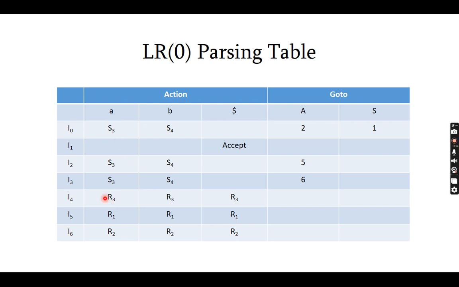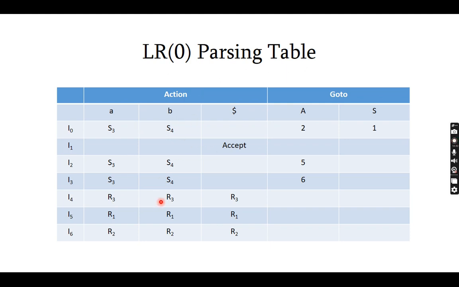You will see this shift operation and reduce operation once you do the tracing for any of the strings, to check whether that string is accepted by LR0 or not. At that time you have to perform these operations. So instead of 3 you have to write S3, instead of 3 you have to write R3 in case of this action part in this LR0.